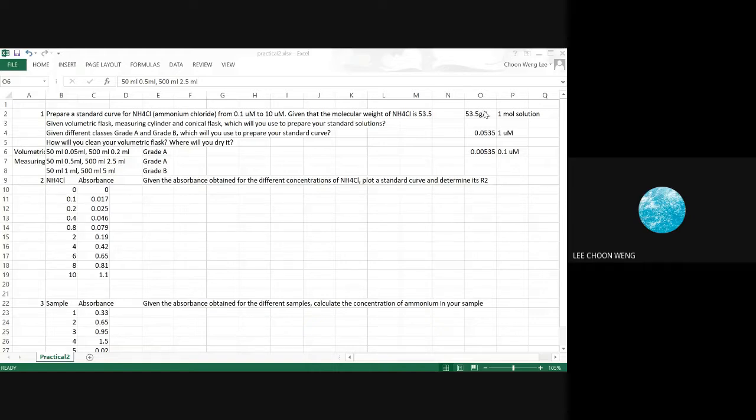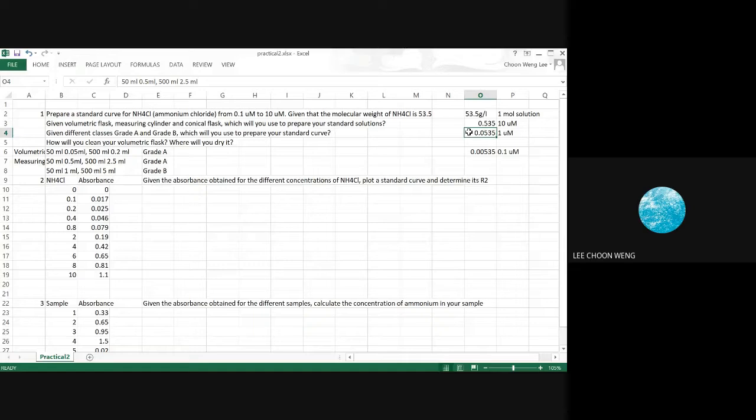Whenever we prepare standard solutions, we prefer to use dilutions. Okay, so since we are supposed to prepare a standard curve from 0.1 to 10, 10 micromolar will be 0.535 grams per liter.